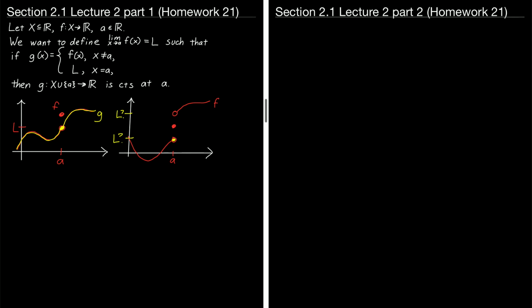If we set g of a, if we set our limit to be this bottom point, then we aren't continuous, because if you had a decreasing sequence that converged to a, the values wouldn't converge to L. Conversely, if we tried to fill it in with this top point, then an increasing sequence that converged to a, the outputs would not converge to L. So this one has no limit.